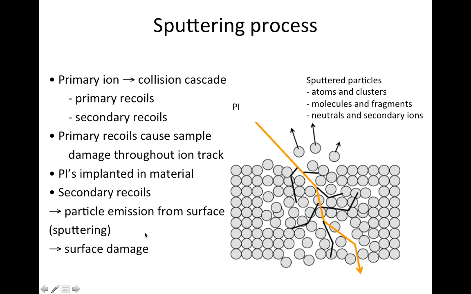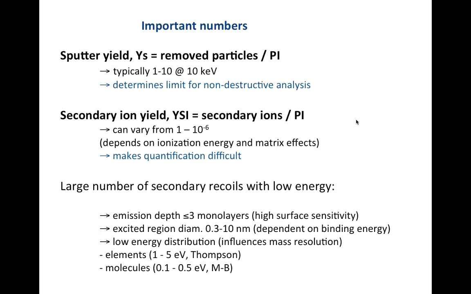The secondary recoils make the particle emission from the surface, and these are things that are sputtered, and of course there is some surface damage. You see here the path of this primary ion through different processes, and then some particles are sputtered, ejected from the material, and these are atoms, clusters, molecules and neutrons.